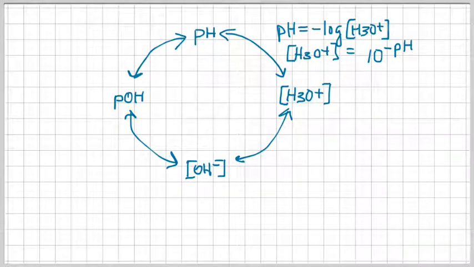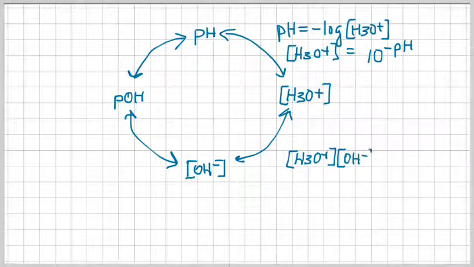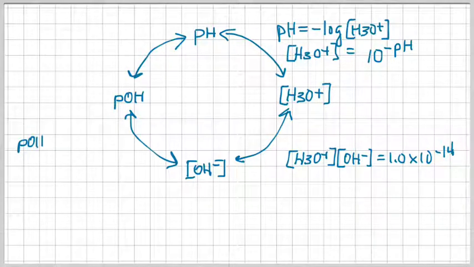If I've got hydronium ion concentration and I want hydroxide or vice versa, I use this equation. That's a 4. If I want to go from hydroxide to POH, POH equals negative log of the hydroxide ion concentration.